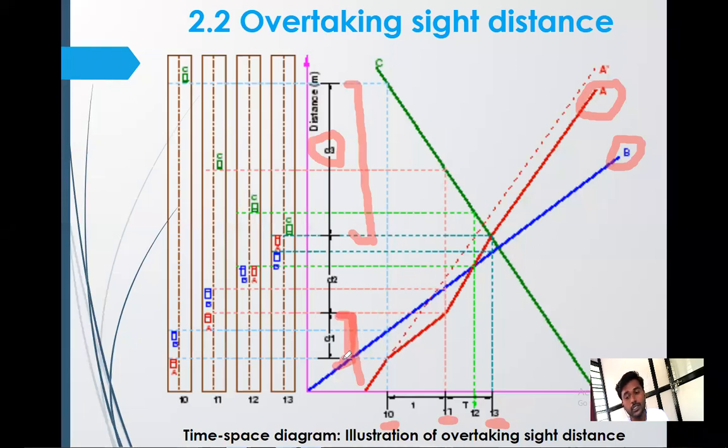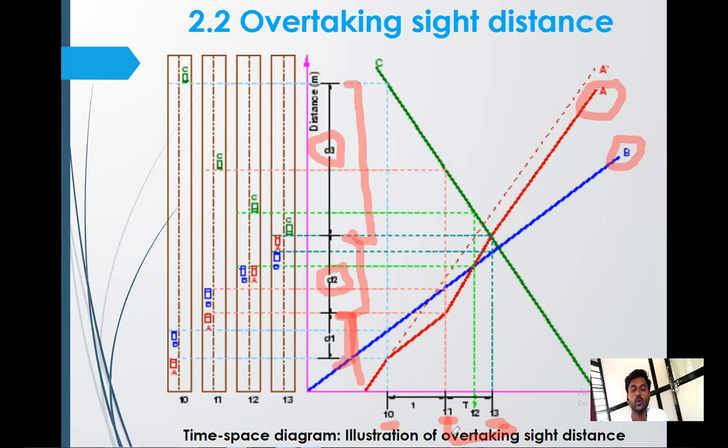When it starts to overtake vehicle B from t1 and completes the overtaking action at time t3, during this period of t1 to t3 vehicle A travels the distance d2.